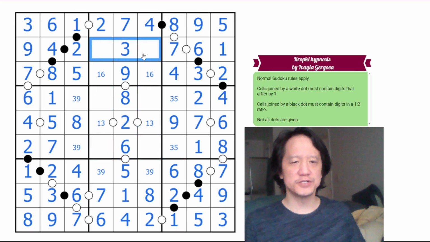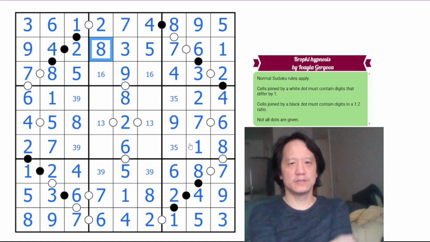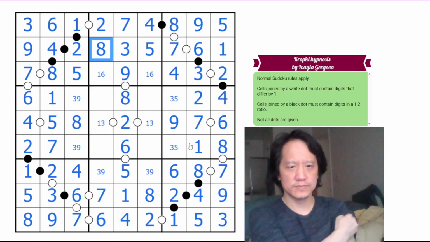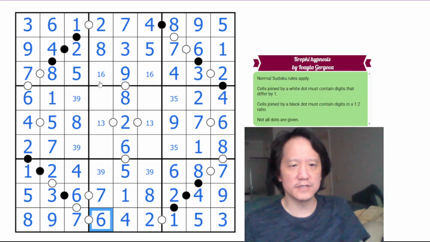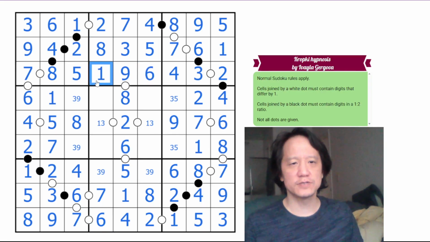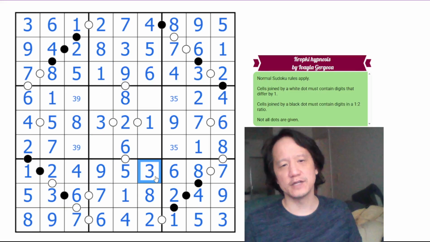Okay, remaining digits in row 2 are 8 and 5, and this can't be 8 because of the 8 in the column. That makes this 5, which makes that 8. This 6 eliminates 6 here, so that's 1 and 6. 1 eliminates 1 here, so it's 3 and 1. 3 eliminates 3 here, so it's 9 and 3.